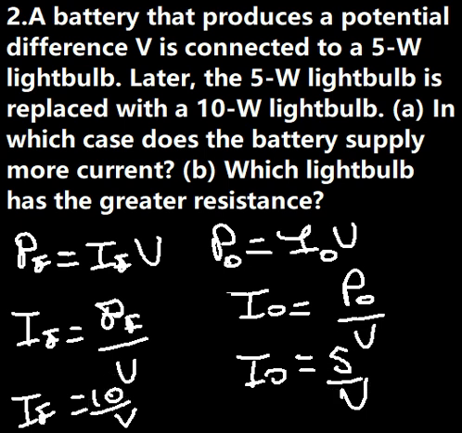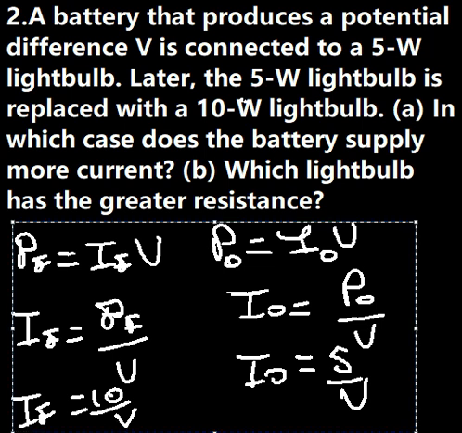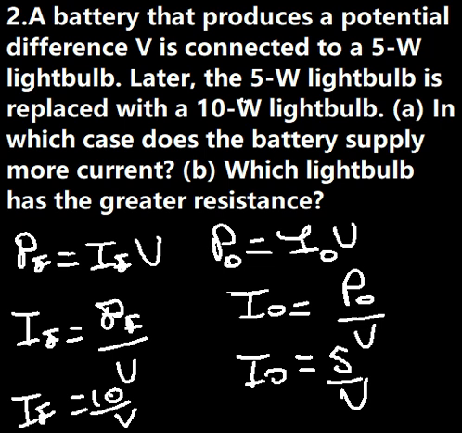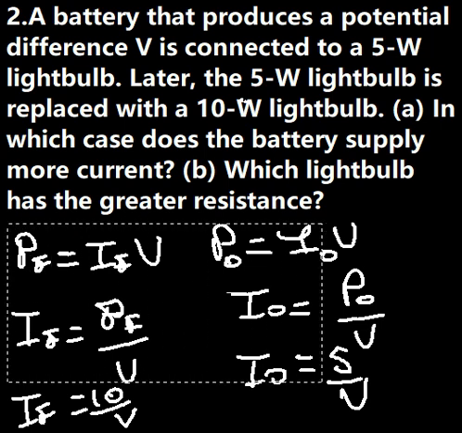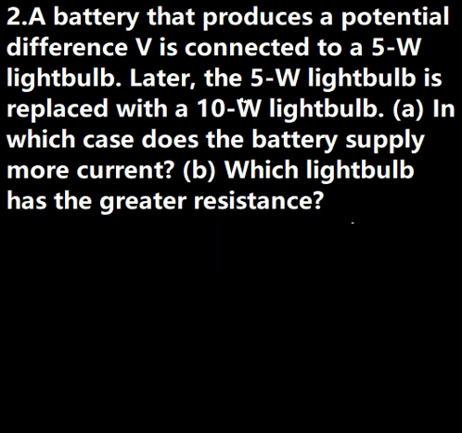In that case, we'll have the more current in the second case, which is the case where the power is basically more, because the power as well as the current are directly related. So if the current is increasing, it means the power is also increasing as well.